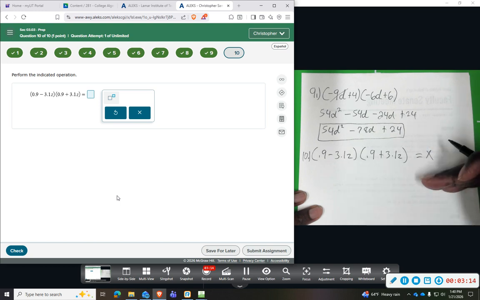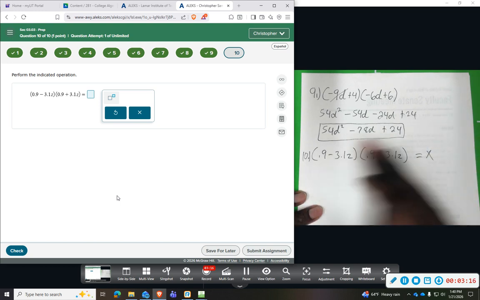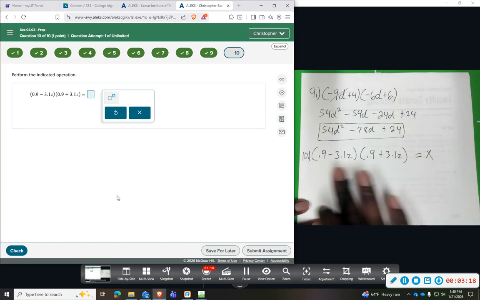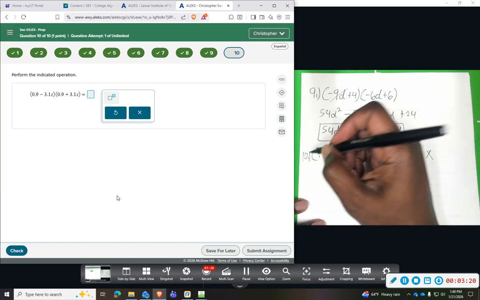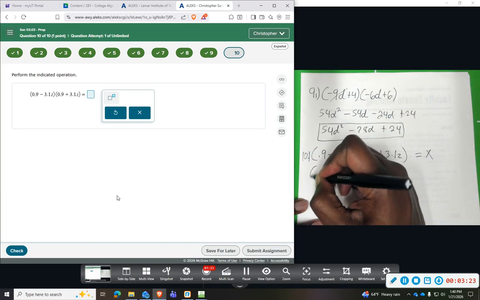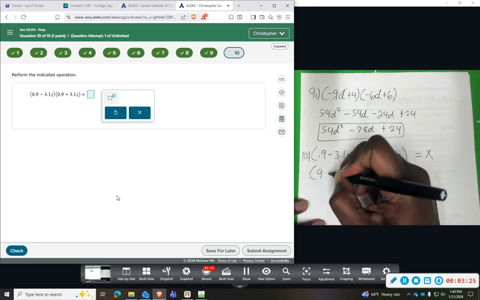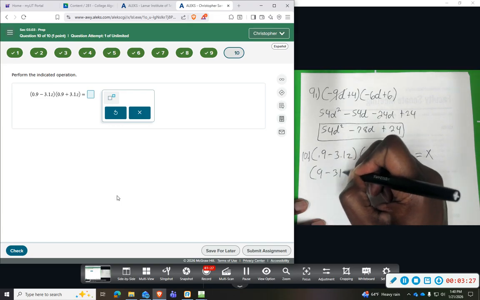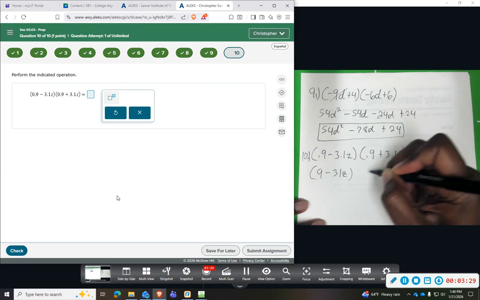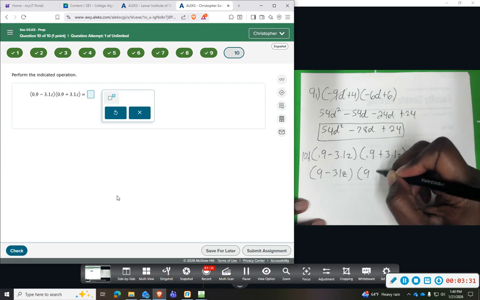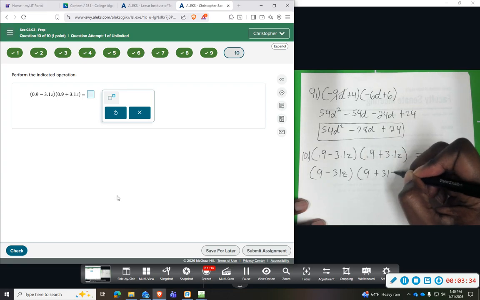So I'm going to keep track of what I do, and maybe if I have to undo it at the end, I'll do that. So just to make it whole numbers, I'm multiplying everything by 10, and that's going to give me 9 minus 31z, and 9 plus 31z.